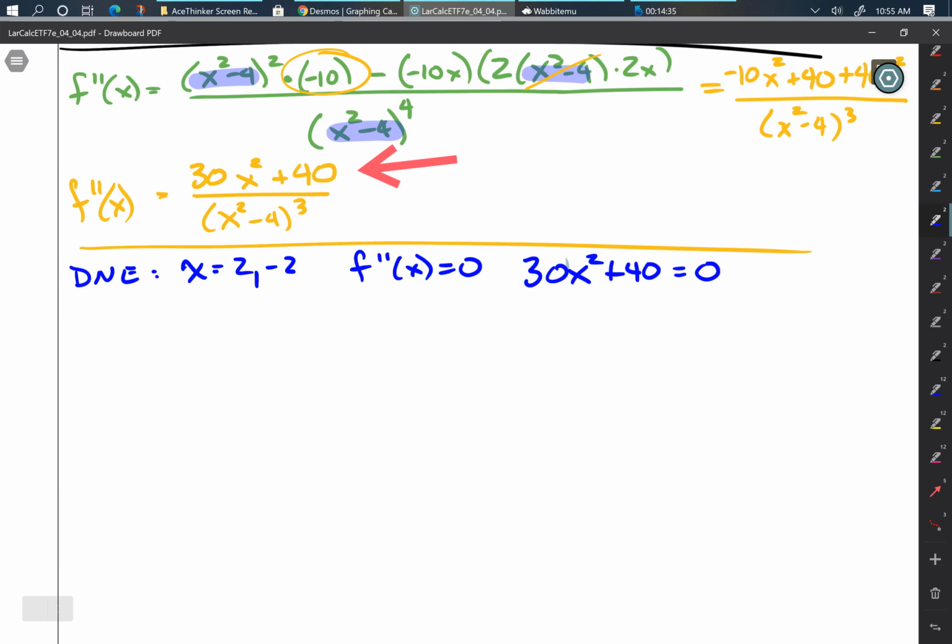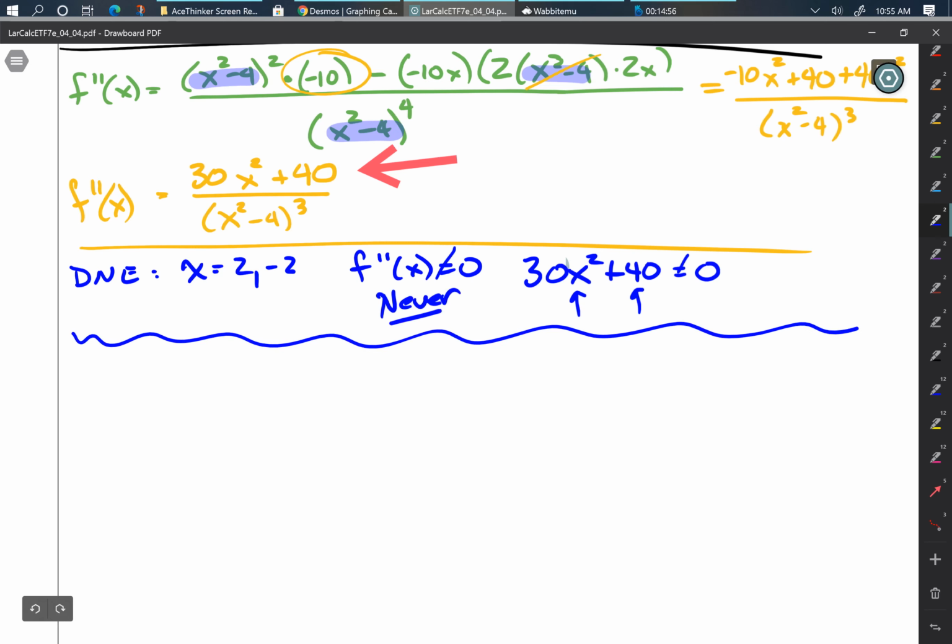But let's look at that for a second. No matter what value you put in there for x, that's positive. And a positive number times 30 is still a positive number. And a positive number plus another positive number can never equal 0. So this will actually never happen. So it turns out we actually only have two values, two candidates that we have to worry about.